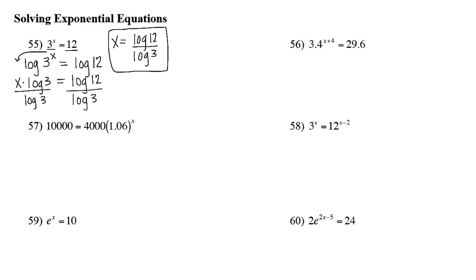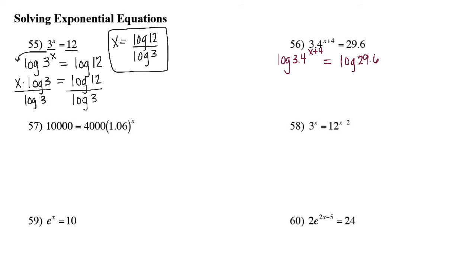Okay, same process with number 56. Again, my exponent is where I have my variables, so I'm going to have to do the logarithm of both sides. So I'm going to have log of 3.4 raised to the x + 4 equals log 29.6.